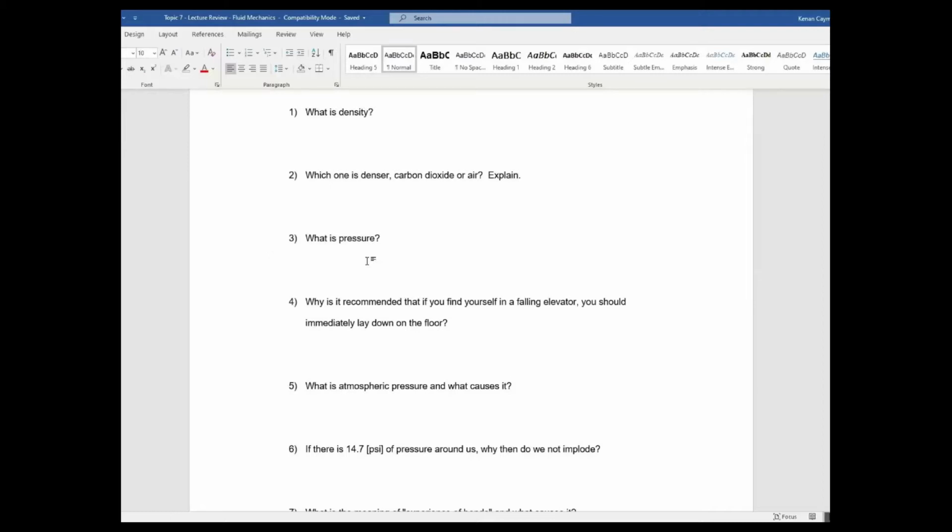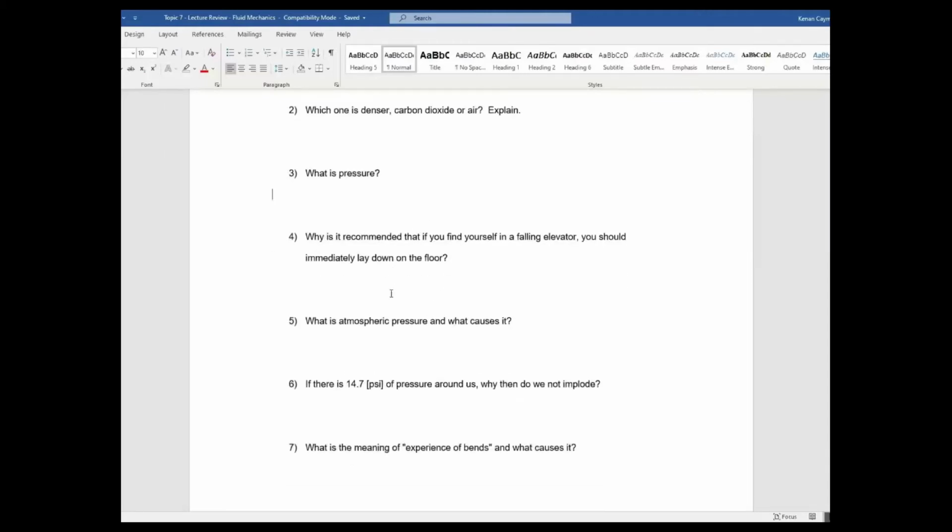The proper unit is the Pascal, or newtons per square meter. Pascal is what we use generally. Question number 4, why is it recommended that if you find yourself in a falling elevator, you should immediately lie down on the floor? To reduce the pressure. Very good. You want to disperse the impact force onto a larger surface area. Thereby, you reduce the pressure.